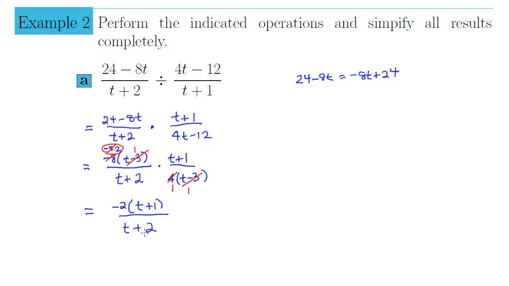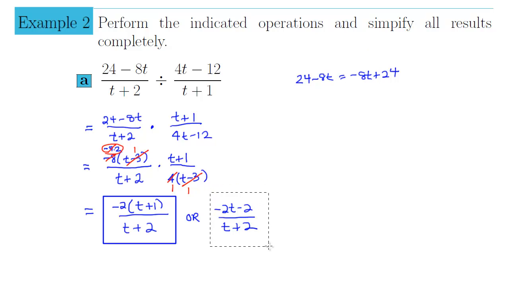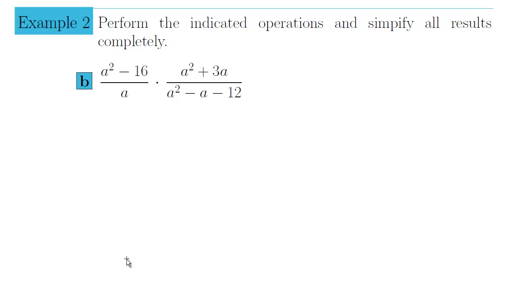T plus 2 won't cancel with t plus 1. We have simplified as far as we can go, so you can box your answer at this point. Or if you prefer, you can multiply out the numerator, negative 2t minus 2 all over t plus 2. Either answer will work. That was easy enough.